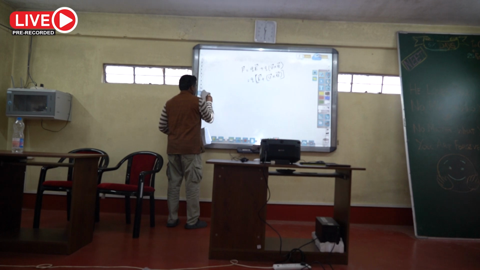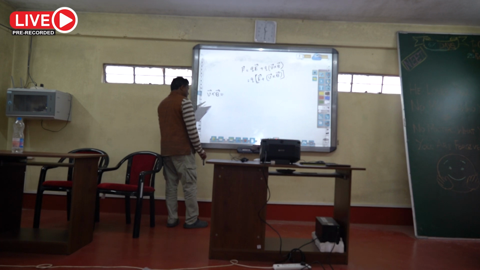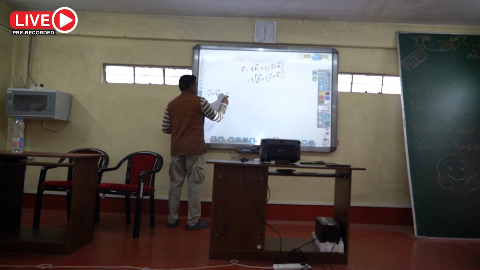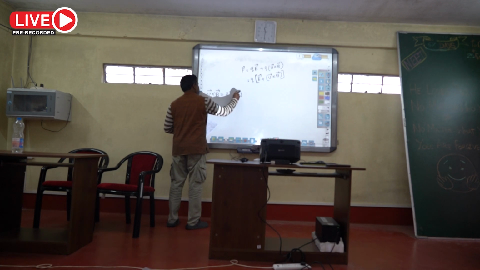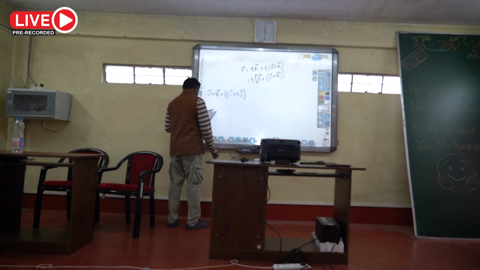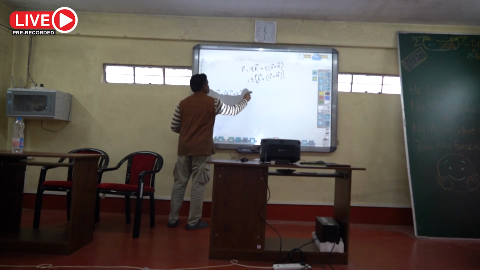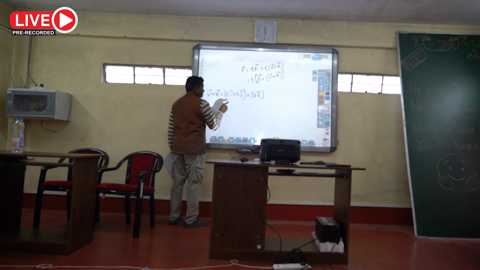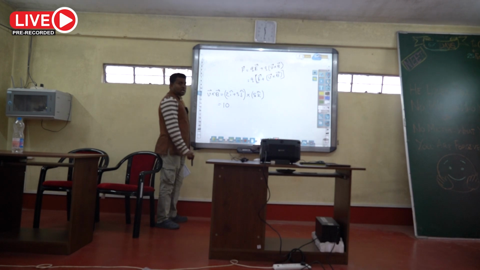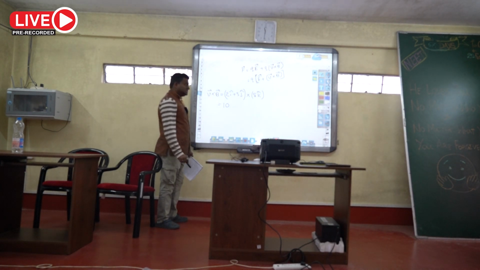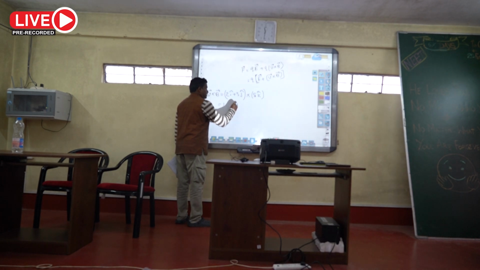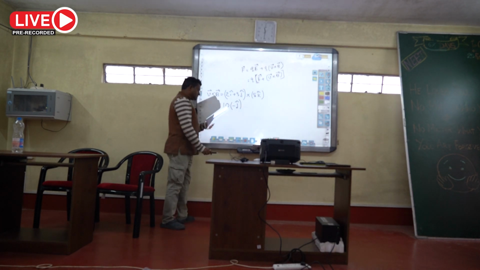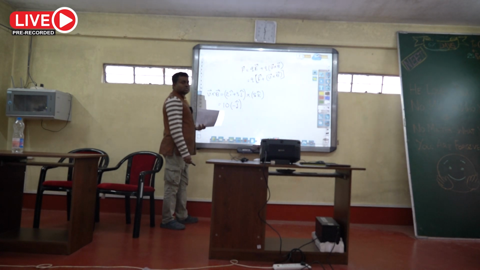See, when you calculate V cross B, V is given 2 i cap plus 3 j cap and B is given 5 k cap. So 5 into 2 is 10, i cross k will be minus j, and another term will come, j cross k will be plus i.